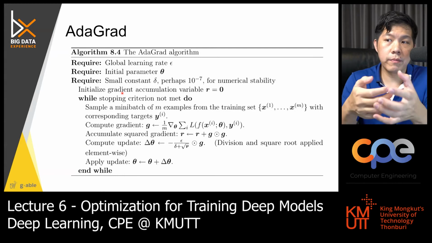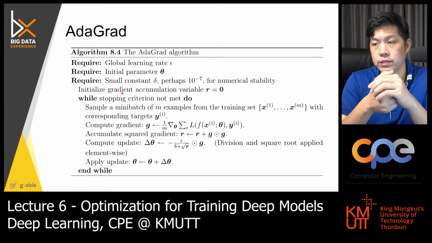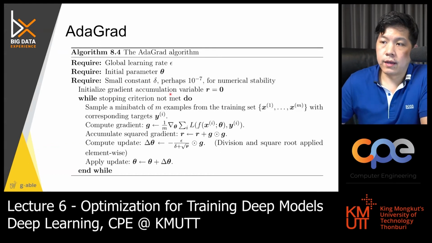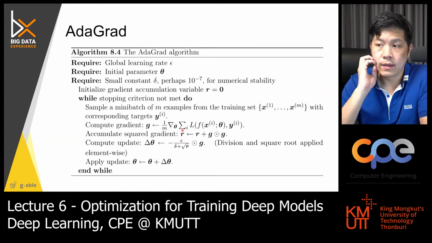This would be a variable that sums the previous gradients. This r equals 0. Then for each iteration, we compute the gradient, the same old gradient, and then we add it to the accumulation, the r, to get the magnitude, the size of it.